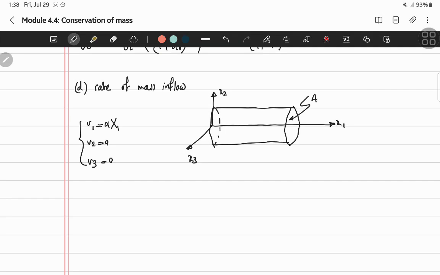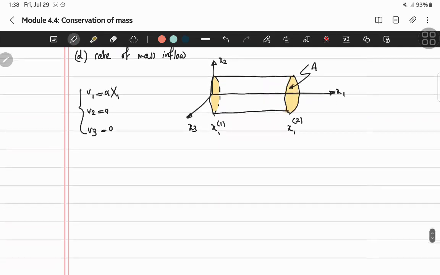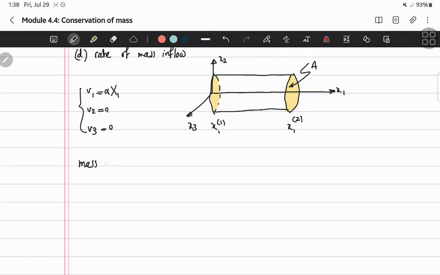So if this is A, we have here x1, and there we have x2, and this is x1,1 and x1,2 here. These contributions actually come from these sides. So basically the mass inflow from x1,1 is through the surface. So we have rho A, that's why we use rho A, because the mass enters from this.